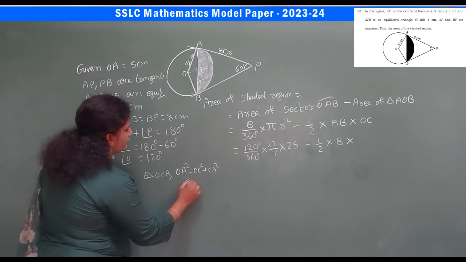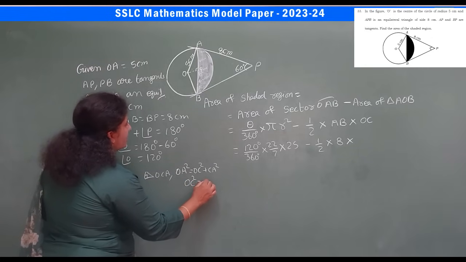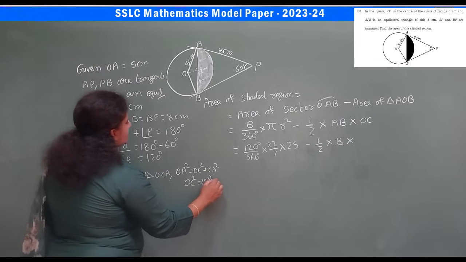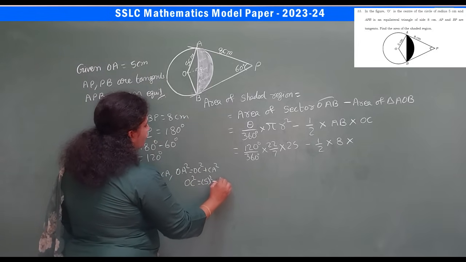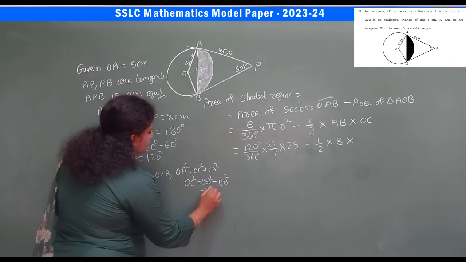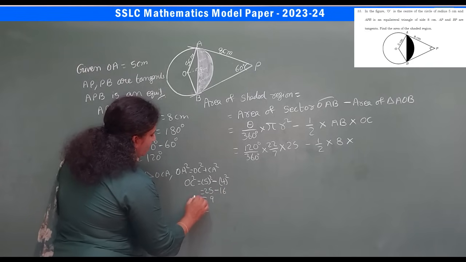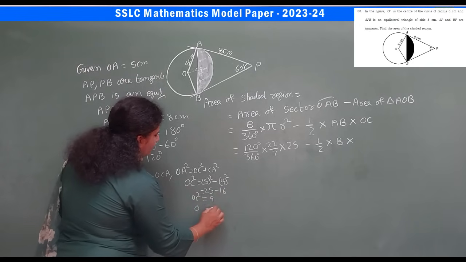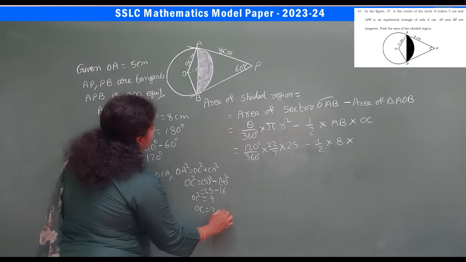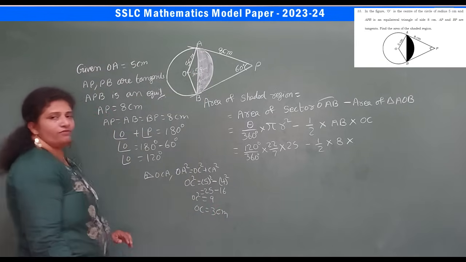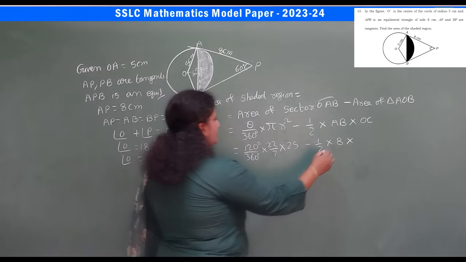Rewrite this to find OC: OC squared is equal to OA, 5, whole squared, minus 4 whole squared. 5 5s are 25 minus 4 4s are 16. 25 minus 16 is 9. OC squared is 9, OC is the square root of 9, that is 3 centimeters. Now I got the height of the triangle is 3 centimeters.